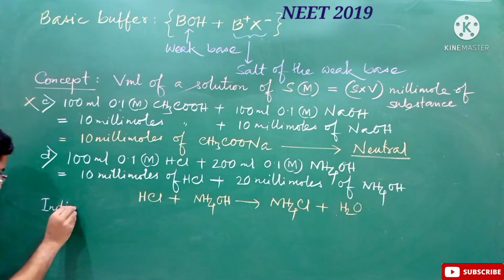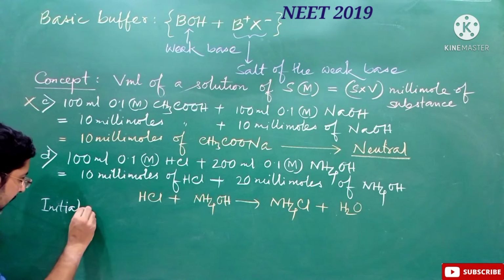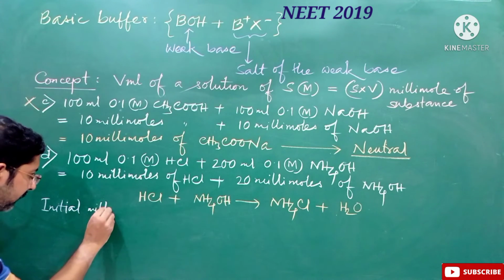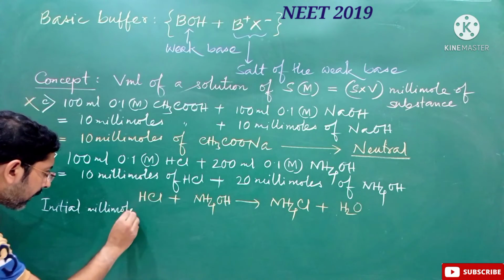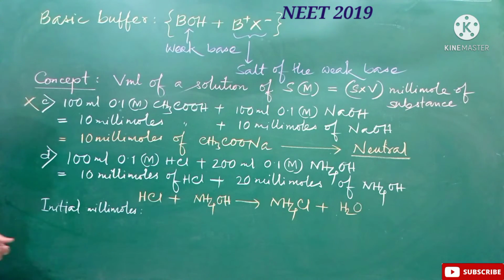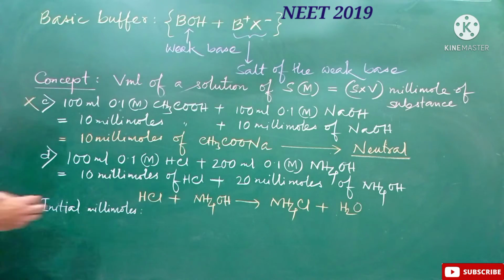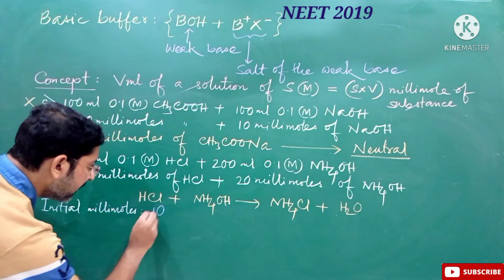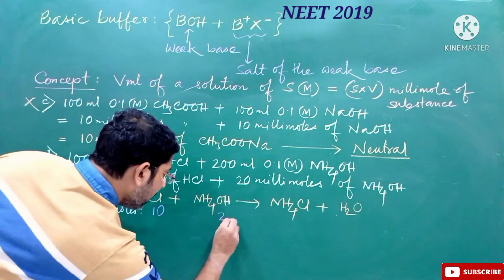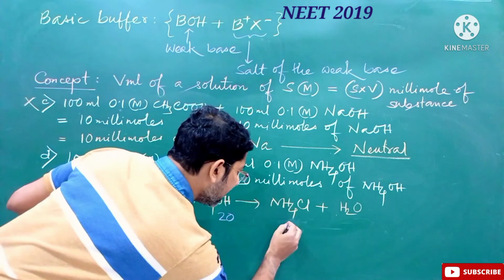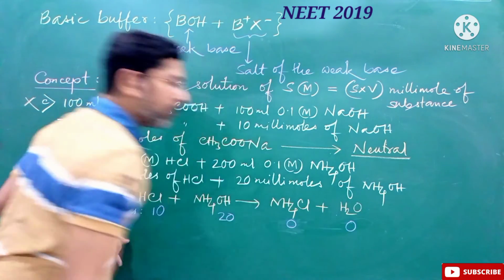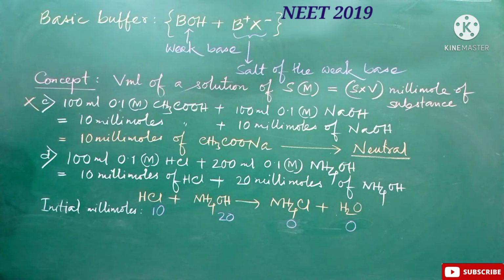Now look, I can write here the initial millimoles of HCl is 10, initial millimoles of ammonium hydroxide is 20, right? Initially the products are not present there, okay?